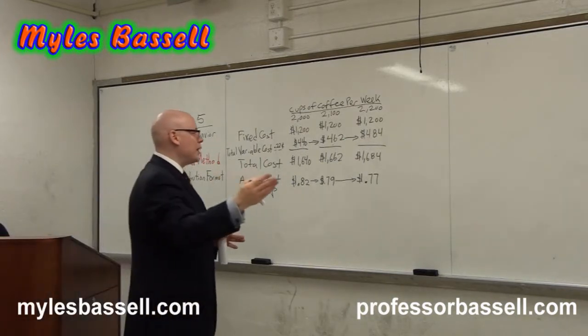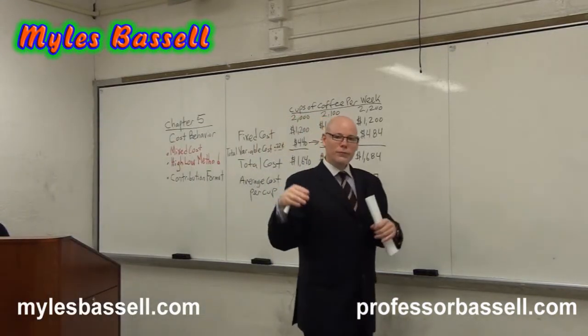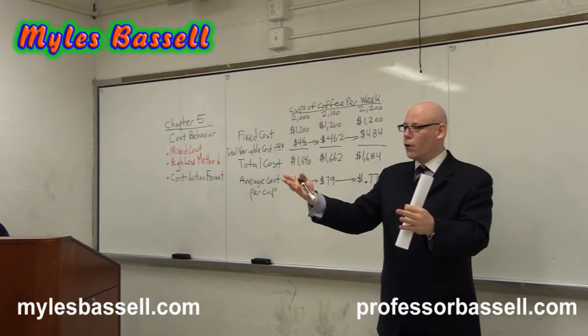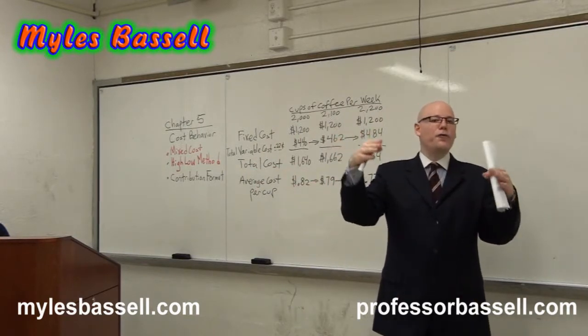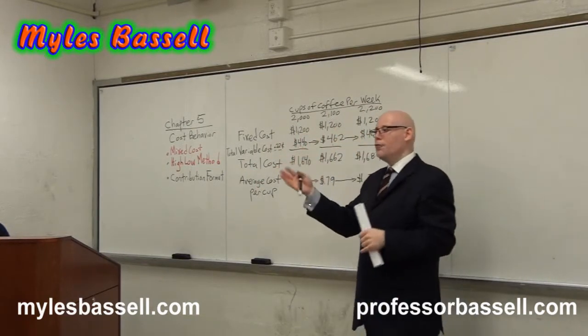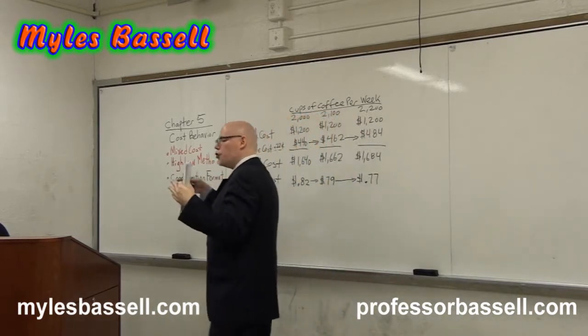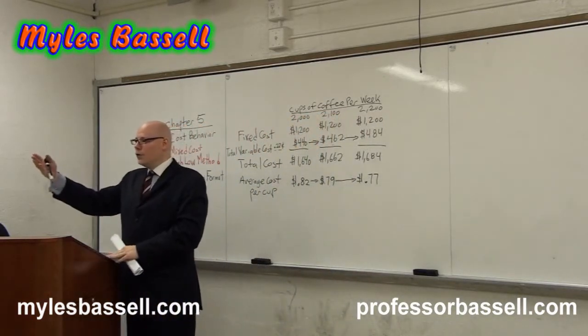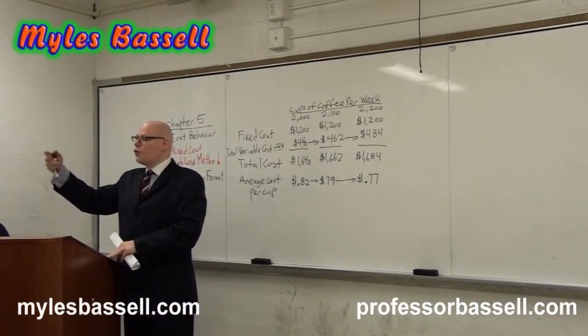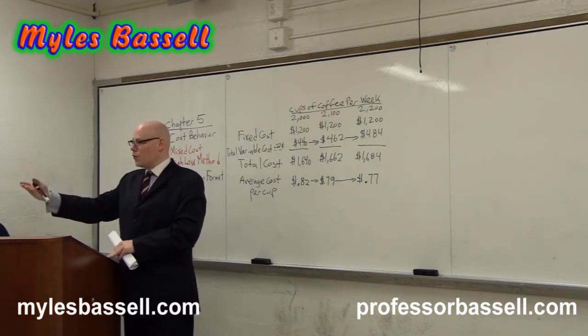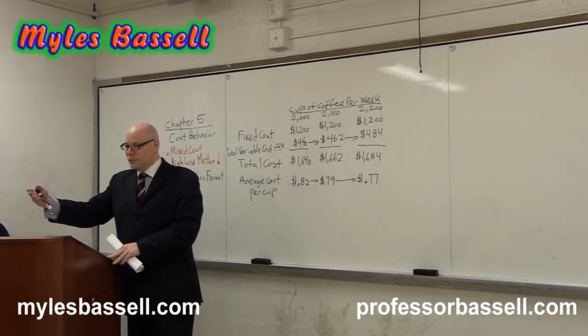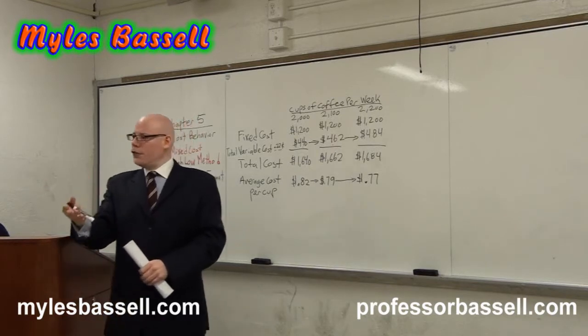So the more units that we produce, generally the better, because of this concept of fixed cost absorption, which means that each unit has got to absorb a certain amount of the fixed cost. Remember, we said that we can't just look at the variable cost.